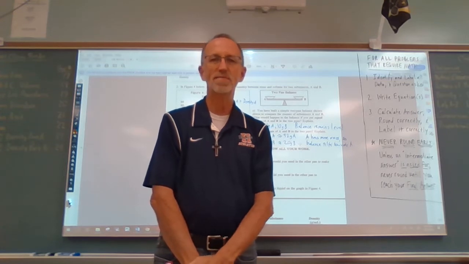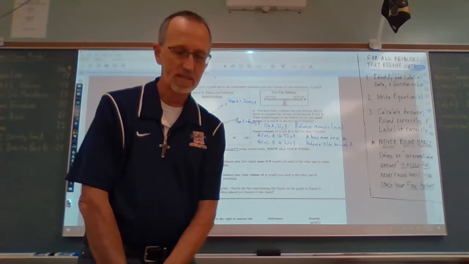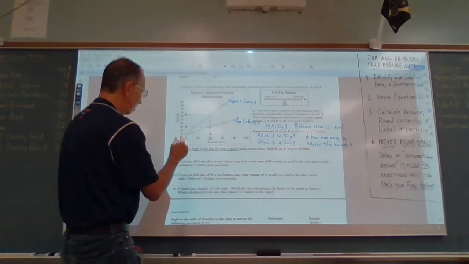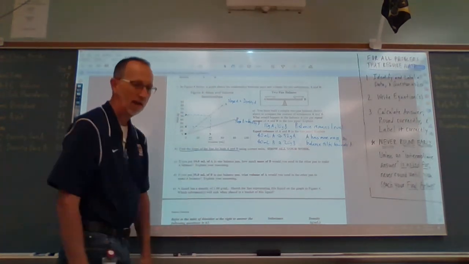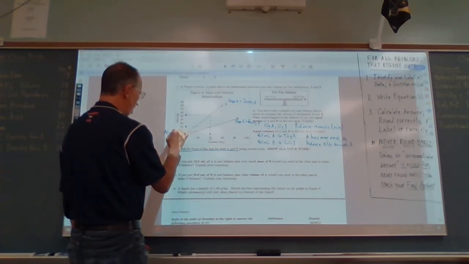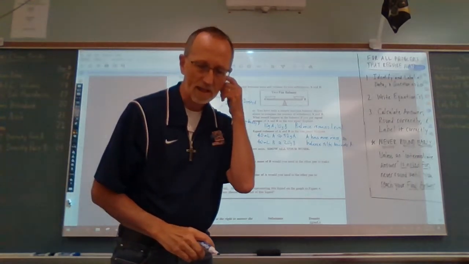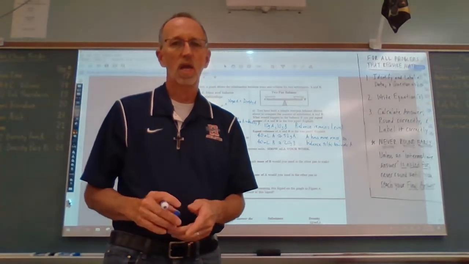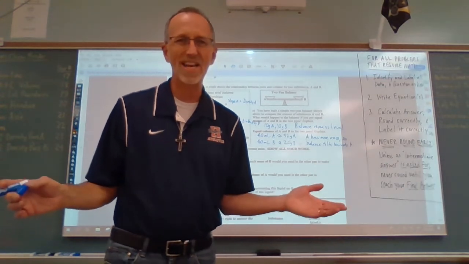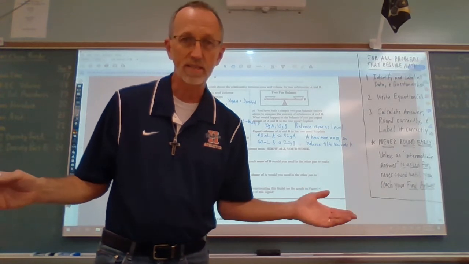All right. Now let me bring up an important point. What point is always valid on a mass versus volume graph? We talked about this yesterday, and if you said 0, 0, you are correct. So 0, 0 is always a valid point on a mass versus volume graph. So if 0, 0 is a valid point, why not use it as one of your points when you're finding slope?